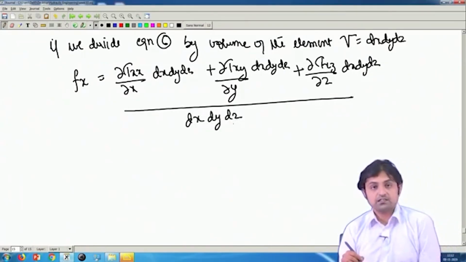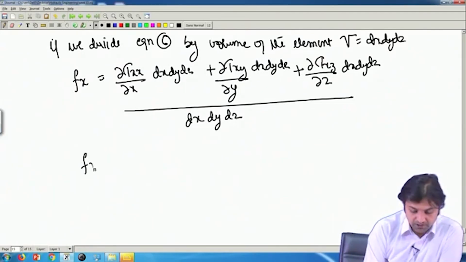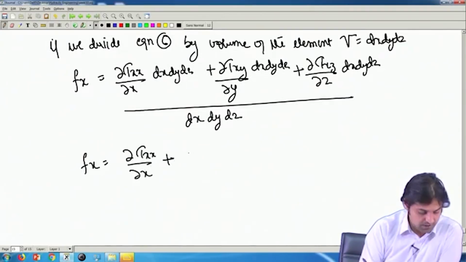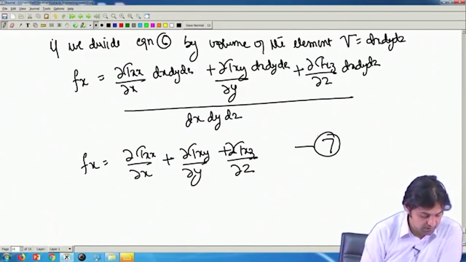So dx dy dz will get cancelled from above and below. So fx can be written as simply del tau xx by del x plus del tau yx by del y plus del tau zx by del z, and this is equation number 7.